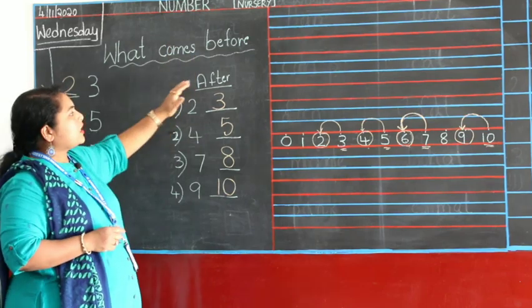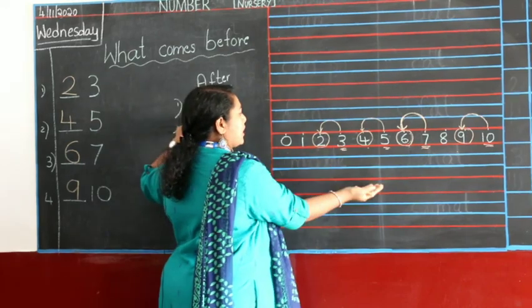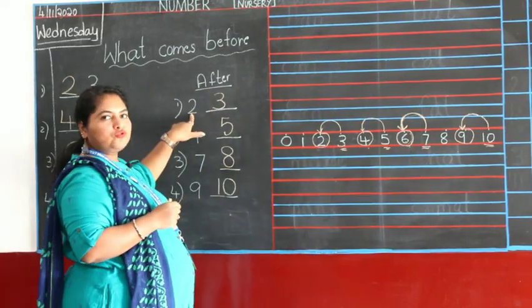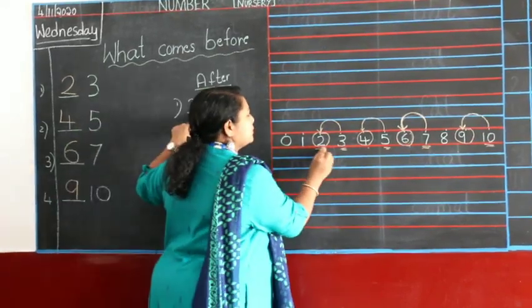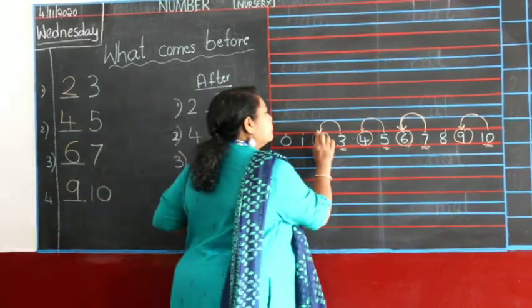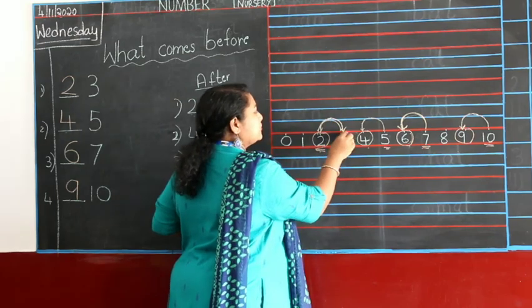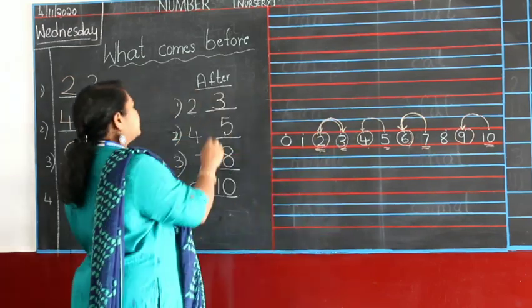When you say what comes after, you will do your number lines on your right. For instance, I have 2 here. What comes after 2? Then you move your arrow towards your right and you say 3. Then you write 3.